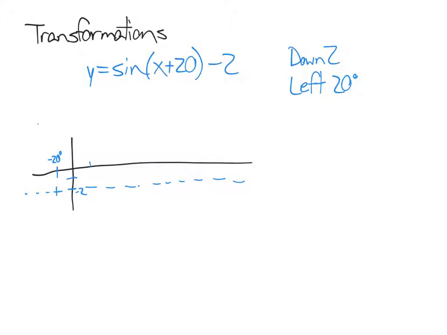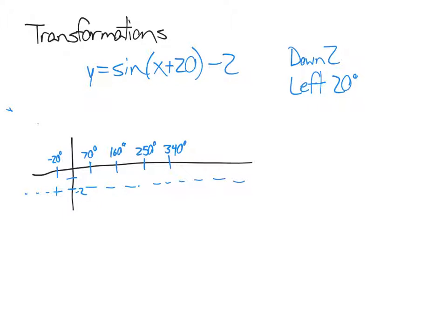So you got to add 90 four times. So negative 20 plus 90 takes us to 70. 160. Good. Make sure you label those first before you start trying to draw stuff.